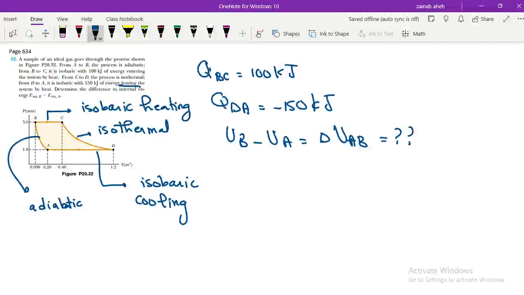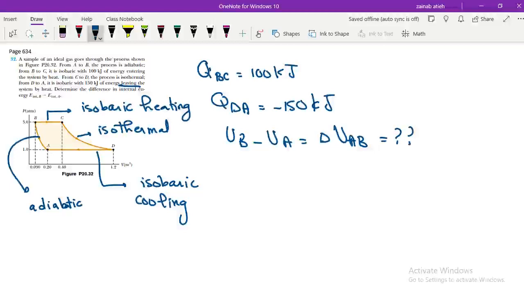I will try to calculate delta U_AB using the cycle. Since he gave me information about the rest of the cycle, I'll try to do that. Now in the second part I will add a part and I will teach you how to calculate gamma, and you can calculate gamma, then calculate delta U_AB using the second method.